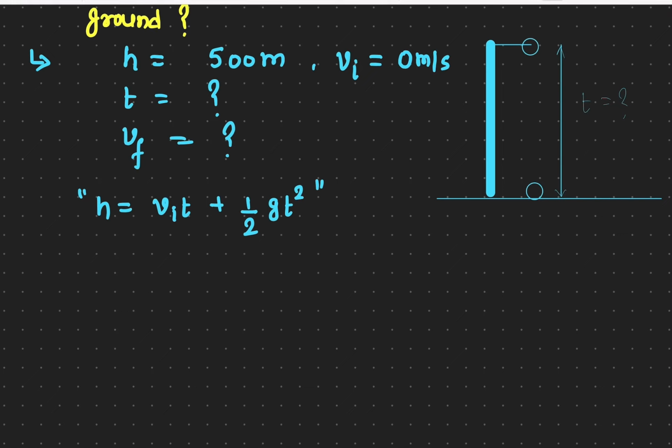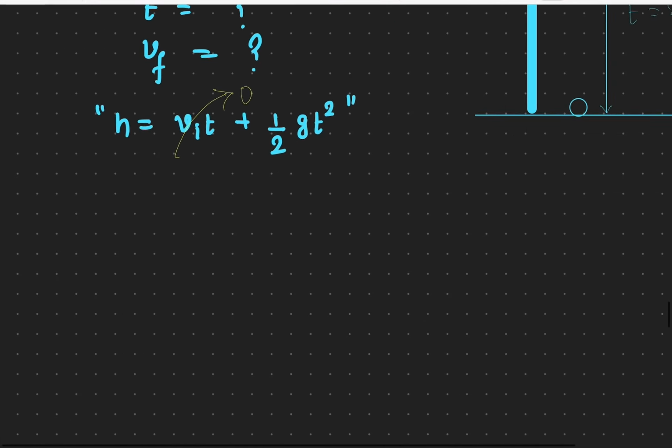Okay, so now you see the initial velocity is 0, so this term will be 0, because the Vi is 0. So I can solve the time simply by using the equation t = √(2h/g).